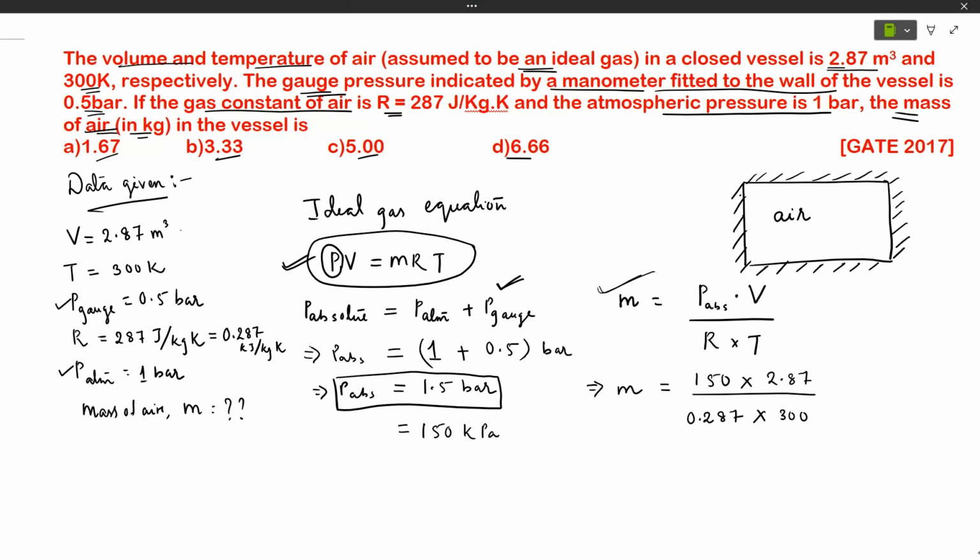After solving this expression, we get M equal to 5 kg. It means option C is the right answer for the given question. Thanks for watching. See you in the next video.